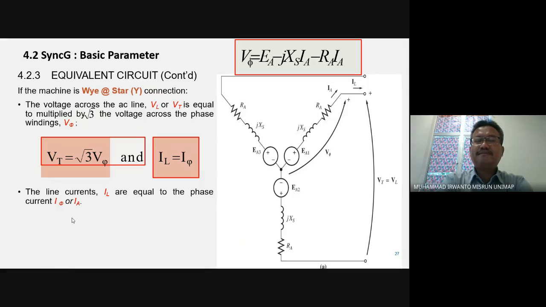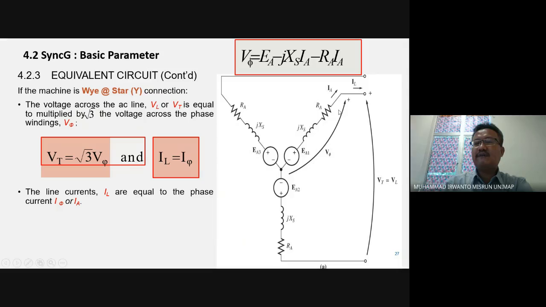Now remember, for the Y connection, this one is the Y connection, and this one is the armature resistance and synchronous reactance. EA here is the internal generated voltage. The voltage here is the phase voltage.